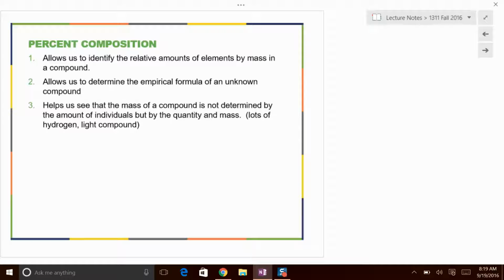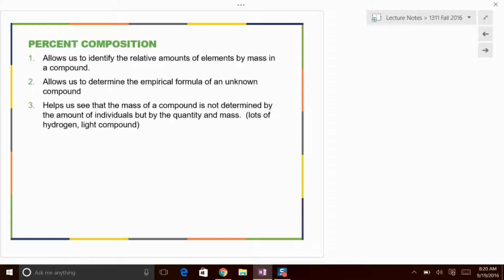It helps us see that the mass of a compound is not determined by the number of individual atoms, but by their quantities and masses. If there's a lot of hydrogens in a compound, that's going to be a really light compound.